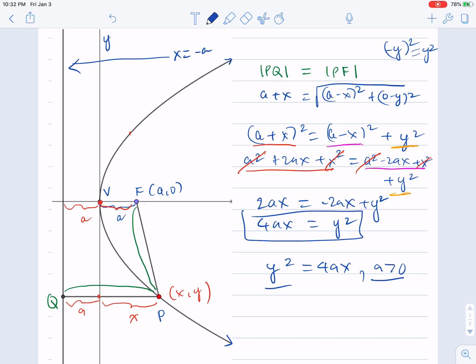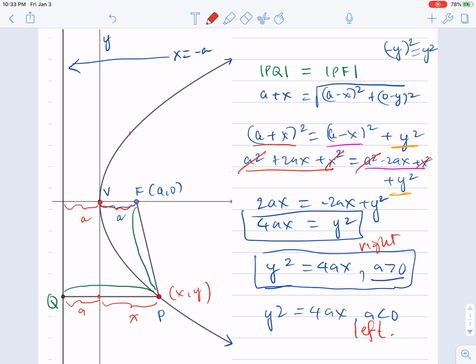Exercise yun na lang yun. Pareho din yung derivation yan. So, ang equation na ito ay for parabola opening to the right, pag y squared equals 4ax, where a is less than 0, this is to the left. So, this is to the right. At ito naman ay left. So, ang left, exercise nyo na lang yun kung paano nyo siya i-derive.